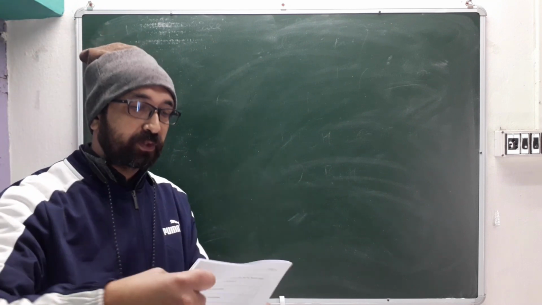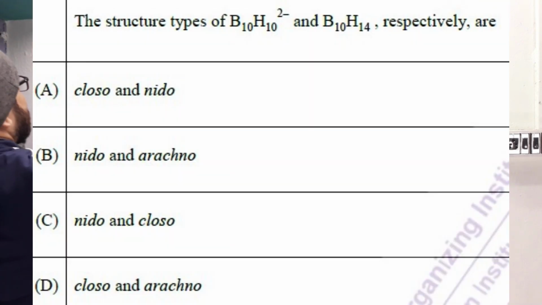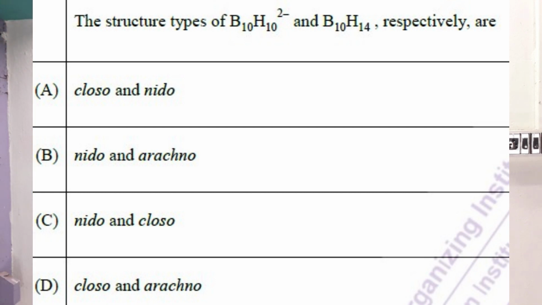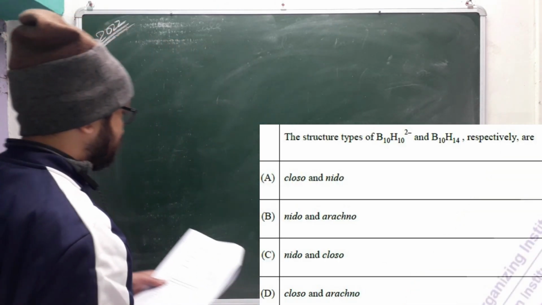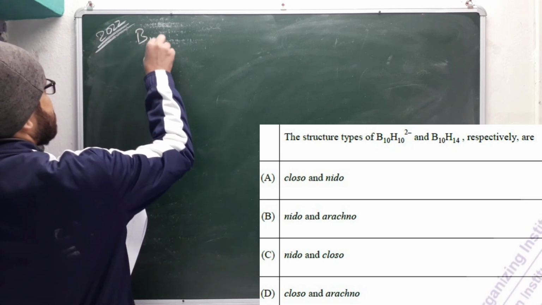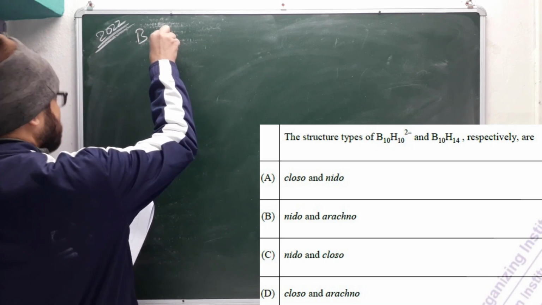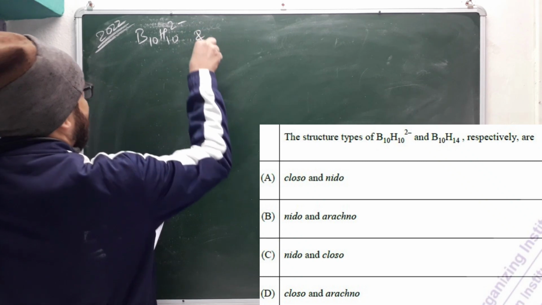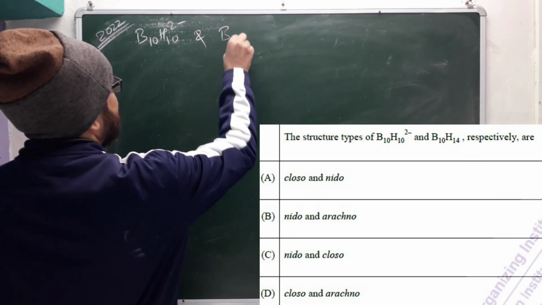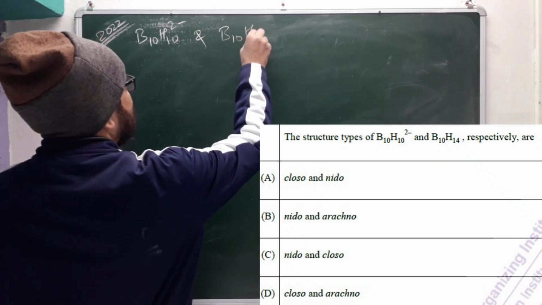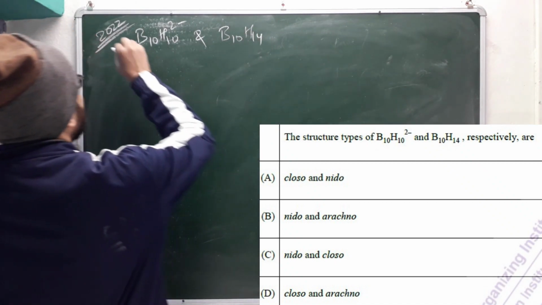This is from 2022. The question I am solving is from 2022 IIT-JAM. See the simplicity of the question. Very smart question. They have asked B10H14 2 minus, and this is question number 17.